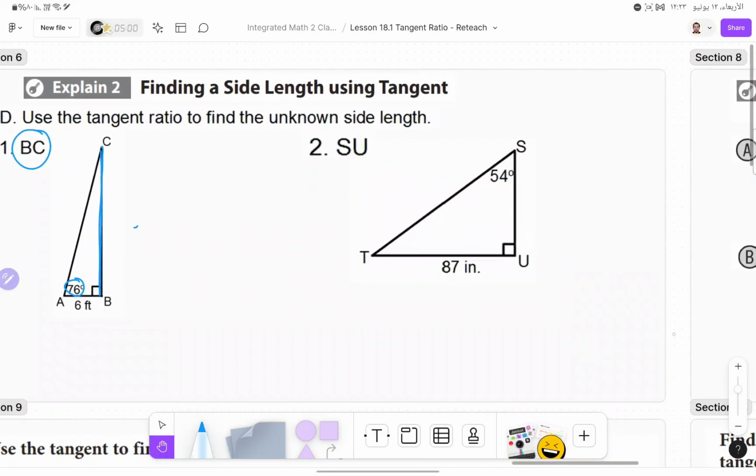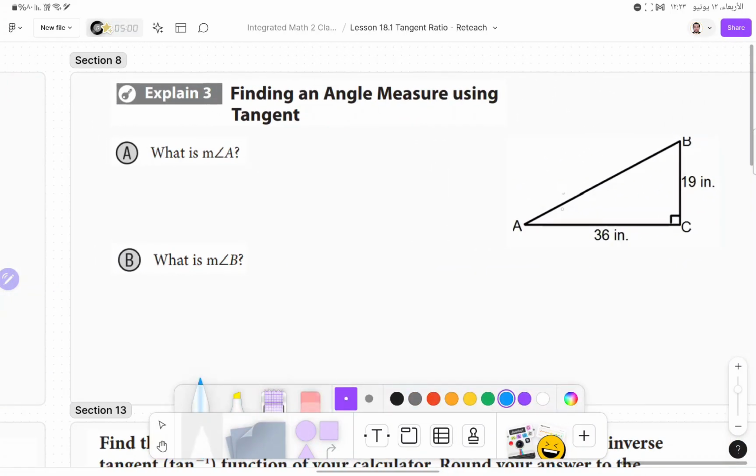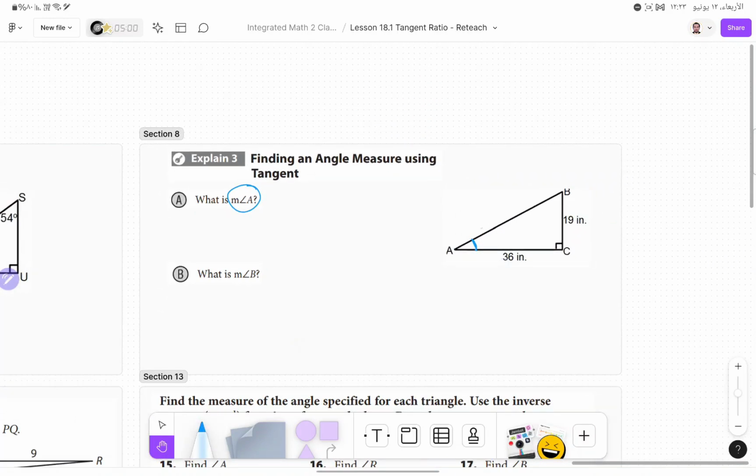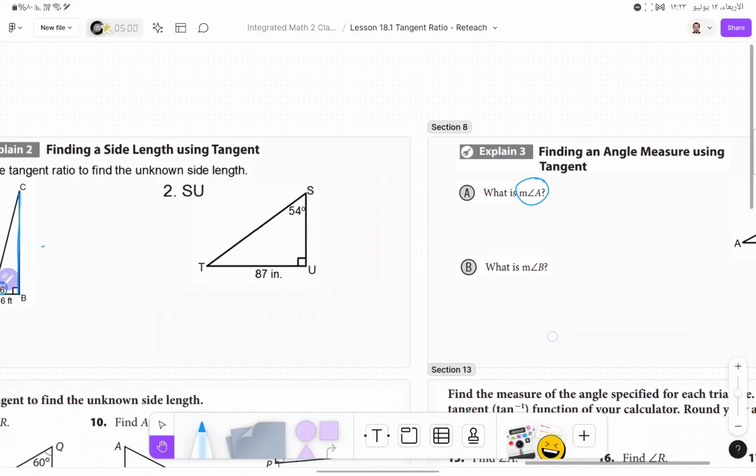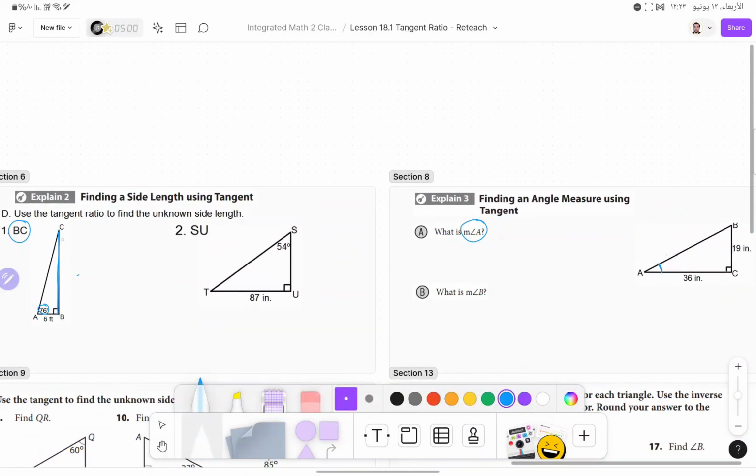The other type is when the question gives the sides, but asks for the angle. Do you see the difference? These two questions are different. Here we need to find the side and the angle is given. Here both sides are given, and we need to find the angle.